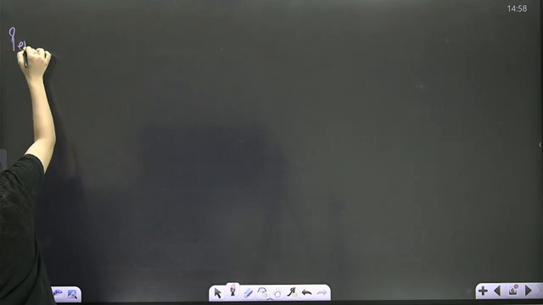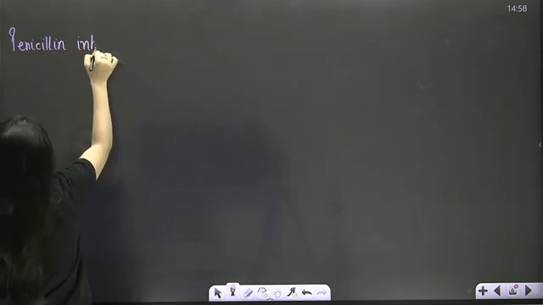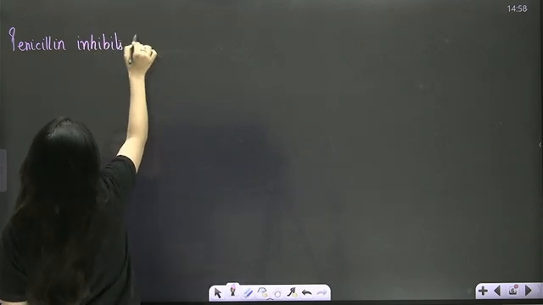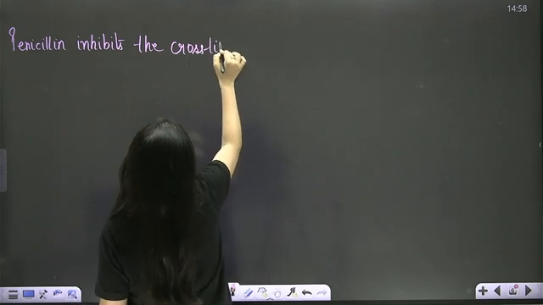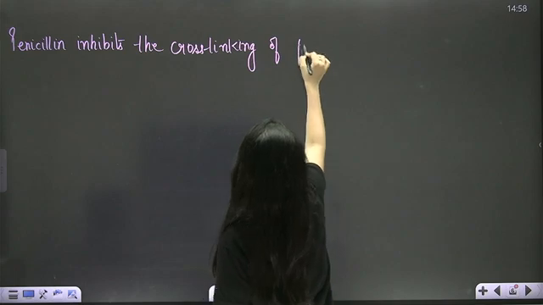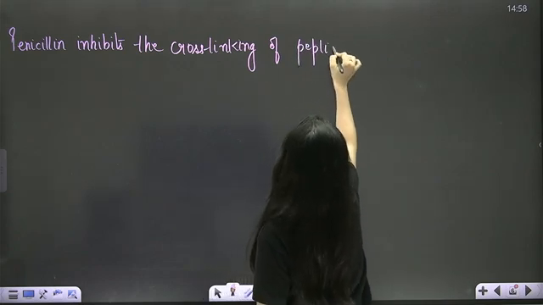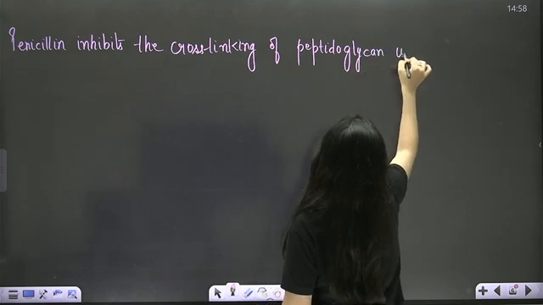Antibiotic penicillin inhibits the cross-linking of peptidoglycan units.